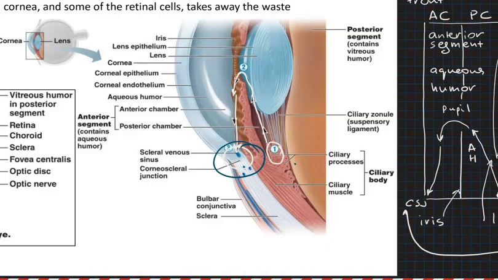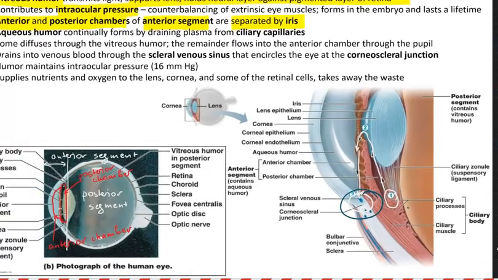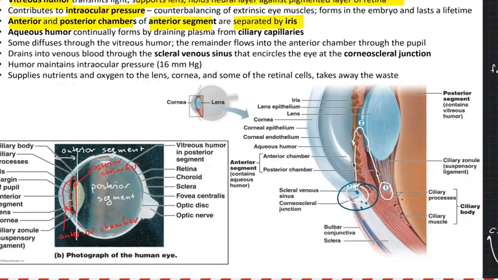You good? So the function of that aqueous humor is to supply nutrients and oxygen to the cells of the lens, the cornea, and take away the waste that they produce during their lifetime.